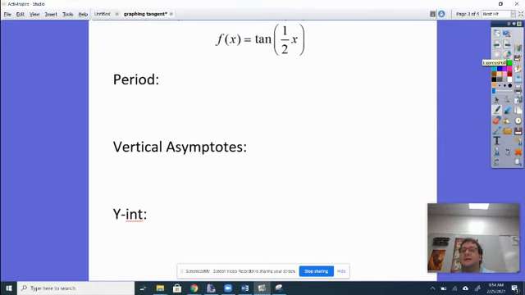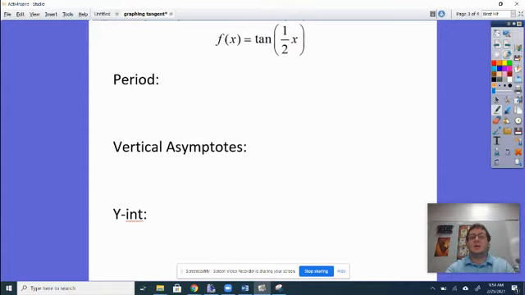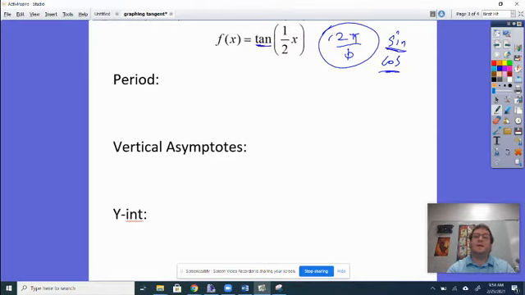So the period itself is found very similarly, but I have to be careful because it's repeating every pi instead of every 2 pi. For sine and cosine, we said 2 pi over b gave us the period. But the problem is, that's when sine and cosine started repeating. Tangent starts repeating every pi, not every 2 pi.